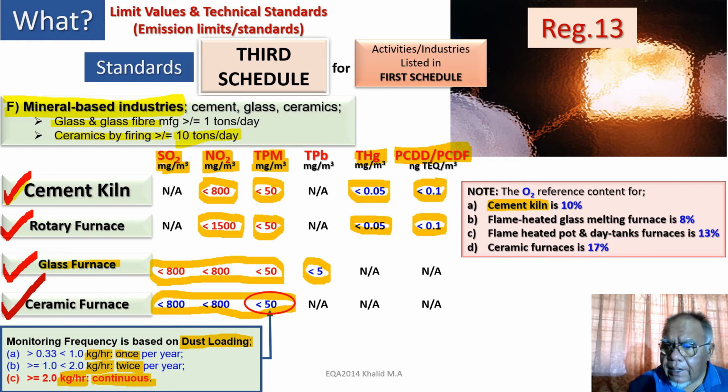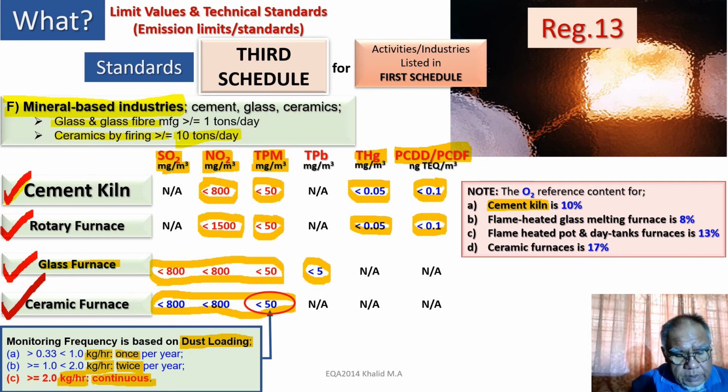Get it done, write it and submit to DOE. Number 3, emissions limits for furnaces with oxy-fueled burners shall be considered on a case-by-case basis in accordance with the best available techniques, economically achievable guidance document. So you got to refer that to DOE.